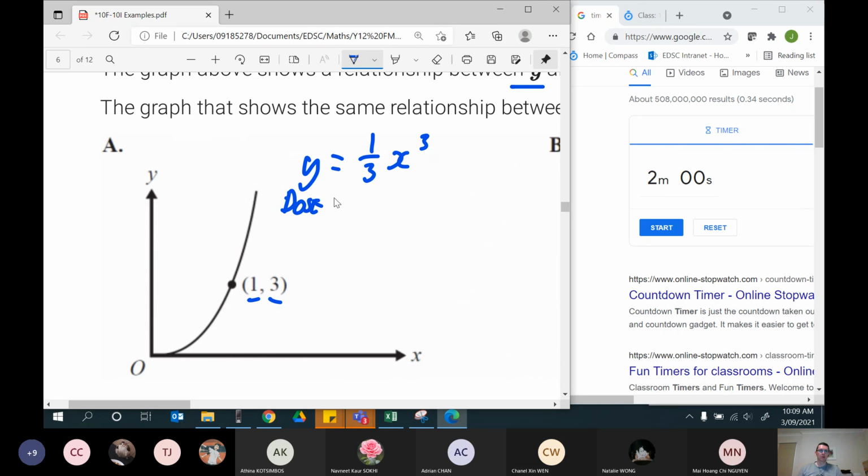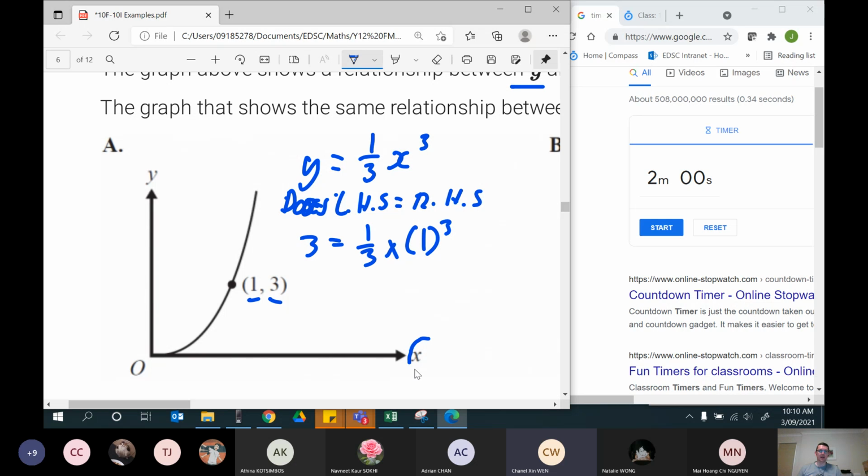So it'll be 3 equals 1/3 times 1 to the power of 3. Why is it to the power of 3 in this case? Because there's cubes there. Yep, but it's also because this is x.